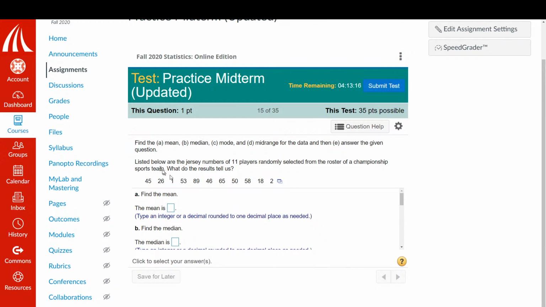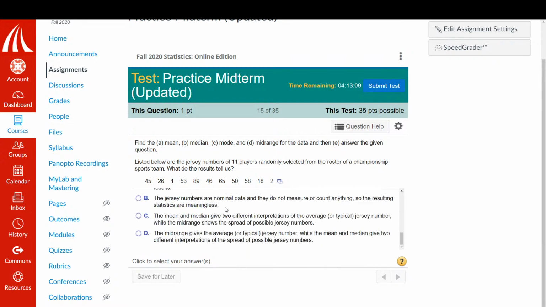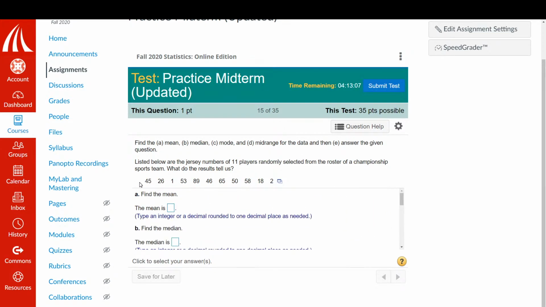No problem at all. So here, now we're getting into the mean, the median, the mode, and the mid-range. We have a data set, and it's the jersey numbers of 11 players randomly selected from a roster of championship sports teams.